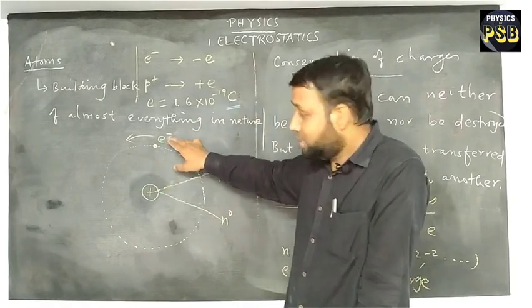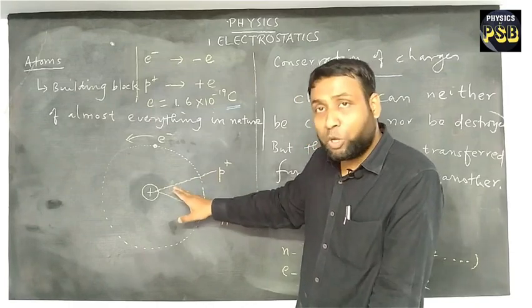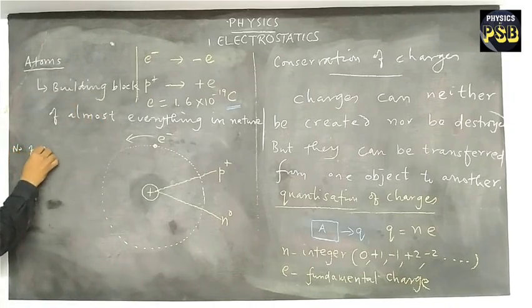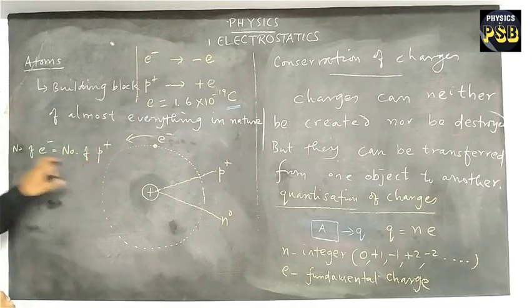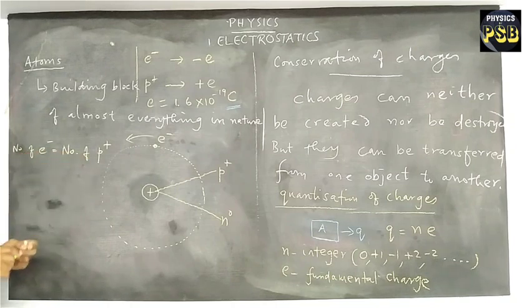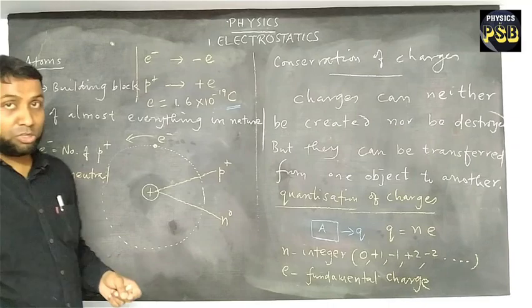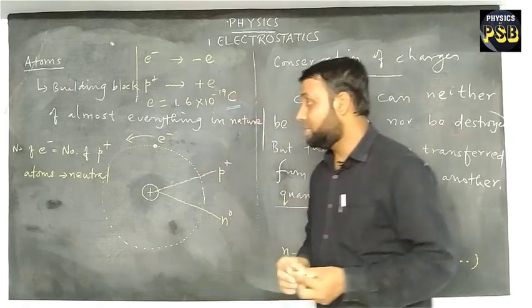The number of electrons present in an atom is equal to the number of protons present in the nucleus of that atom. This equality in the number of electrons and protons makes the atom stay neutral. That's the reason why atoms are neutral. They possess neither positive charge nor negative charge.